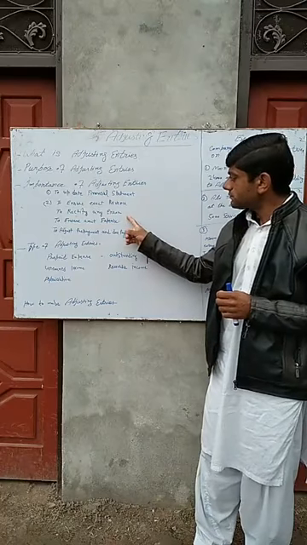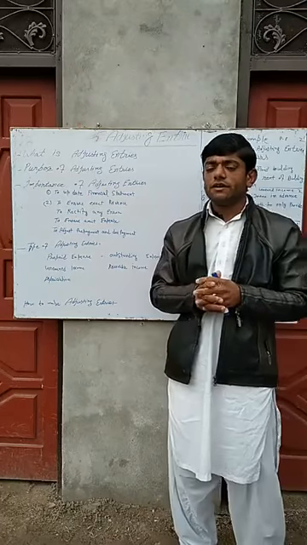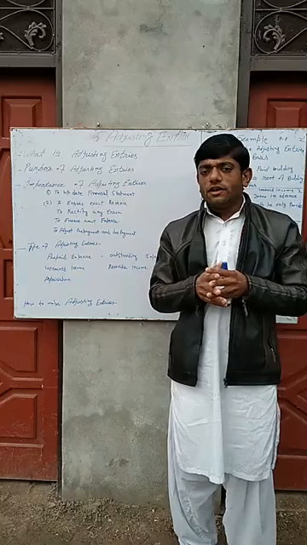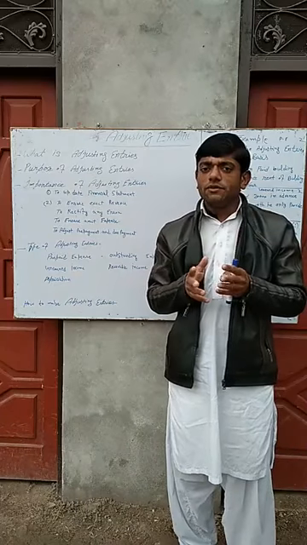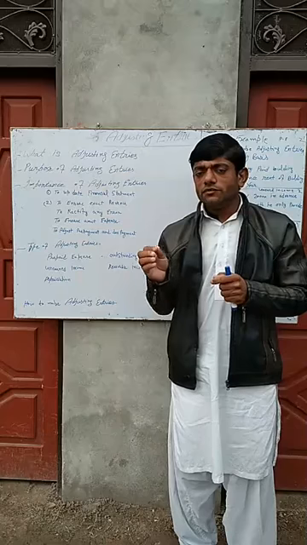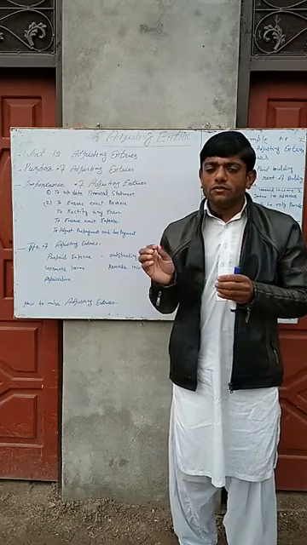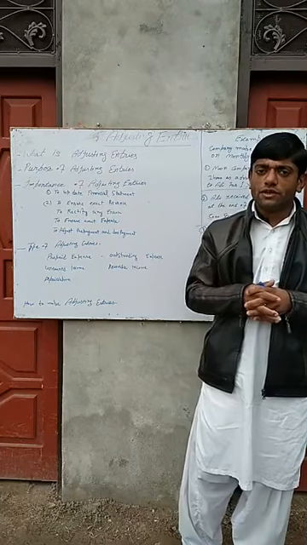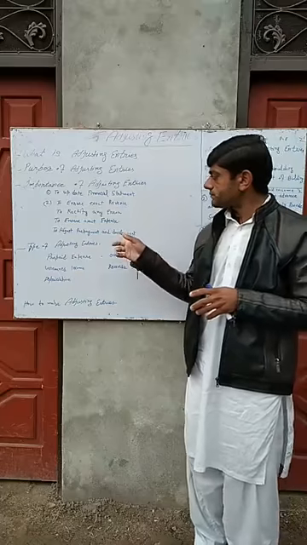To rectify any error: adjusting entries rectify any error made when we record a journal entry. So if there is any error in an entry, it can be rectified through the adjusting entry.